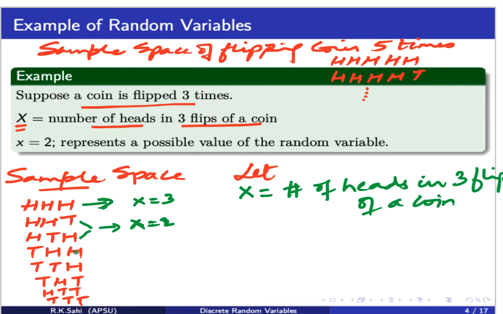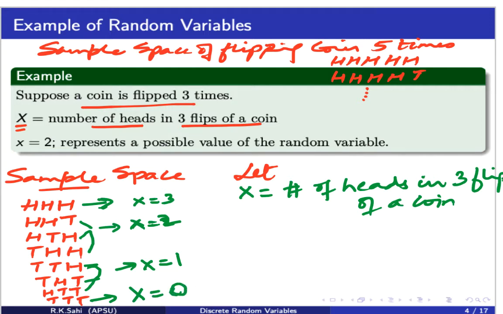So this one also has 2 heads. So these 3 are showing that 2 heads are appearing. The next 3, TTH, THT, HTT, are showing that the head is appearing 1 time. And the last one, what does this show? It says the head is appearing 0 times.